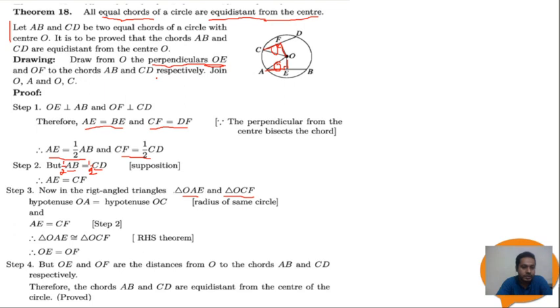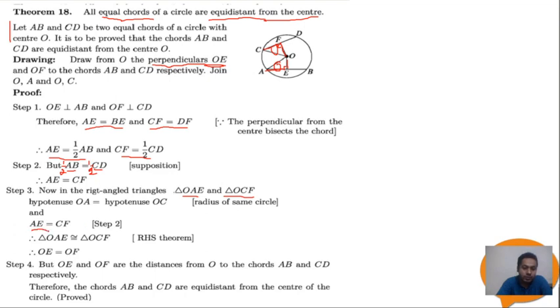This is our construction. So OA is the hypotenuse of this triangle, and OC is also the hypotenuse of this triangle. OA and OC are equal because they are both radii of the same circle.